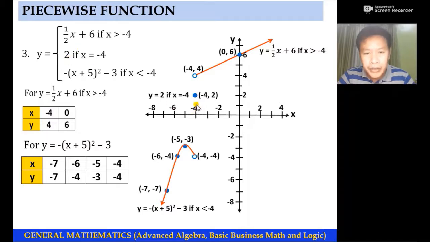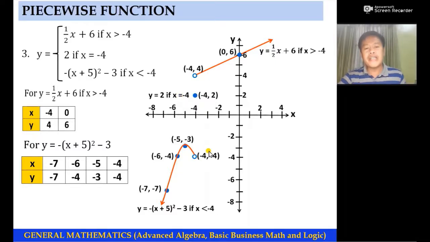Move upward 2 units. Therefore, this is our point, -4 and 2. Take note, since our x is having an equal sign, x is equal to -4, therefore, this is a closed circle.